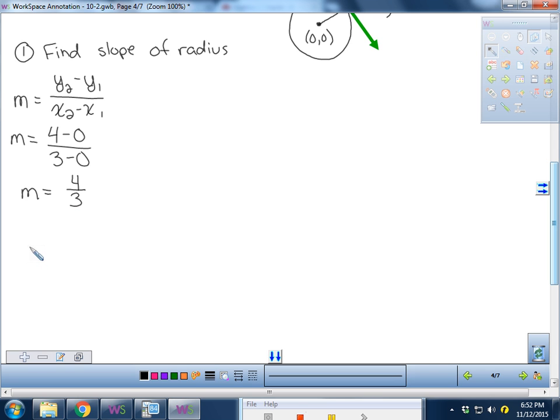Now here's the thing. If you know that the slope is 4 over 3 for your radius, and you know that it is perpendicular to the tangent line, then you can figure out the slope of your tangent. So step 2, slope of tangent line.